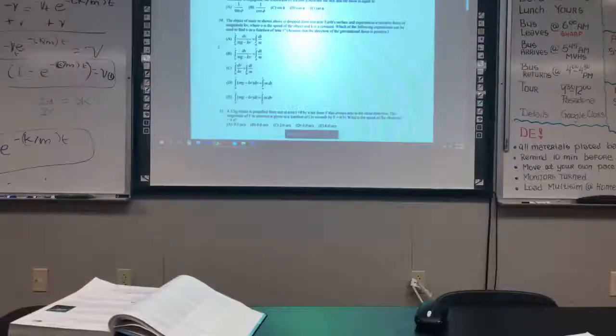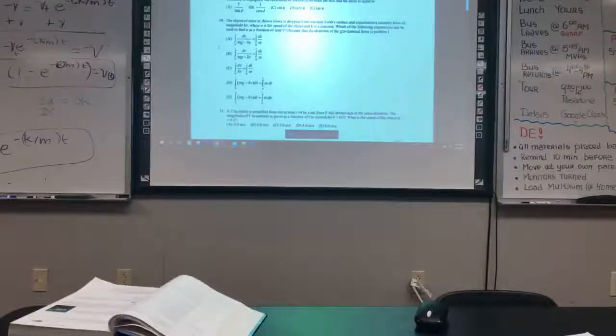From earlier, you remember that we had mg minus f is equal to ma. So in this case, we can have mg minus kv is equal to m dv/dt, from earlier.